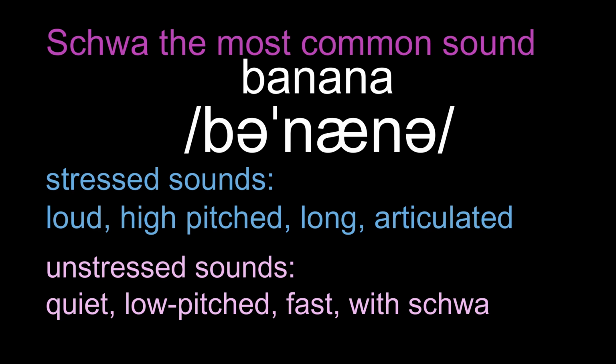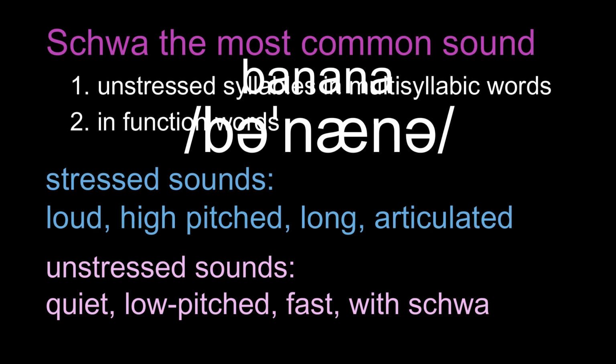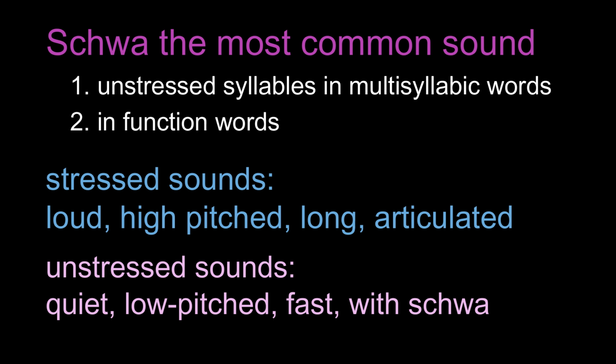Since syllables with schwa are pronounced fast and in low pitch, they can be hard to hear for non-native speakers. In fact, natives use the schwa sound to signal to the listener that the words with schwa are not the main point of the speech. There are two cases that require schwa: unstressed syllables in multisyllabic words, and the normal use of function words. That is, they are not used for emphasis or contrast.